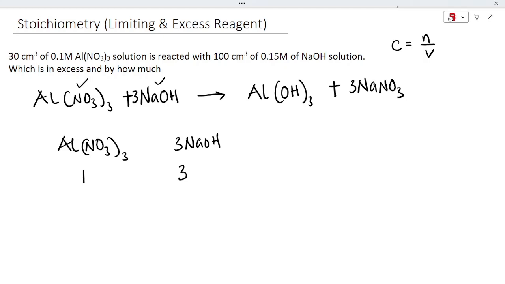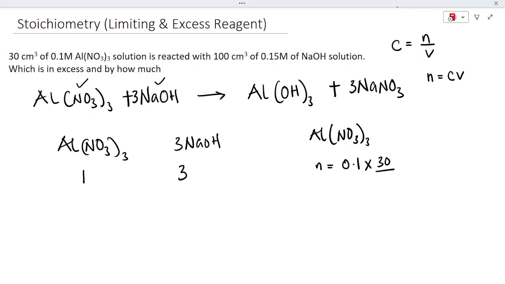Because we are given the concentration and the volume, the number of moles equals concentration times volume. So for aluminum nitrate, the concentration is given to us as 0.1. So our number of moles equals 0.1. You can see it's not written as mole per dm cube, it's just written as molar. That's another way of writing the unit of concentration, just capital letter M. 0.1 times the volume, which is 30 cm cube.